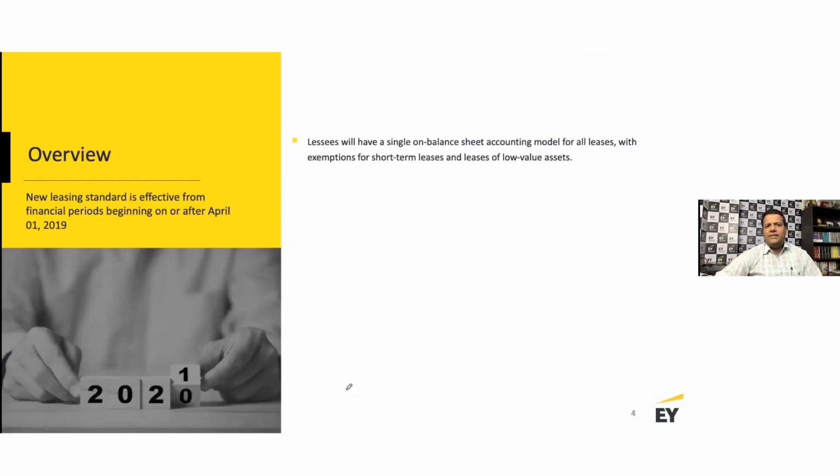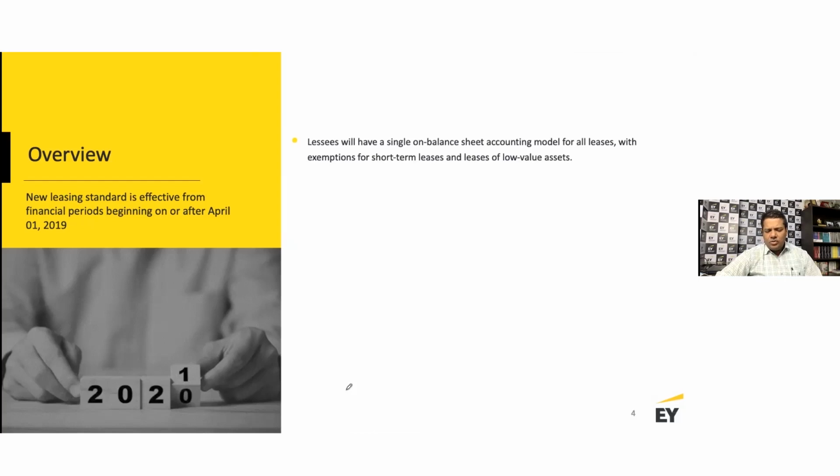Lessees will have a single on-balance sheet accounting model for all leases, with exemption for short-term leases and leases of low-value assets. If you remember, previously, from a lessee perspective, leases were considered as two types: finance lease and operating lease. Now that distinction has been done away with.